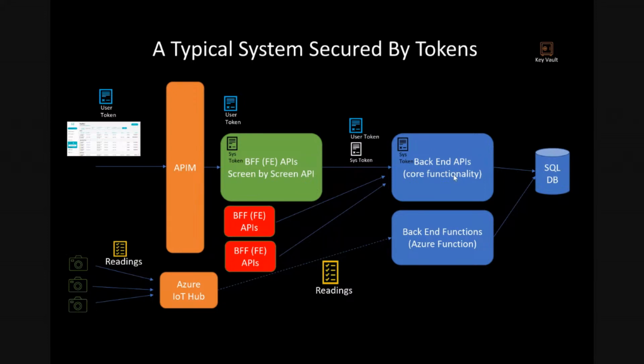The piece on top of that then is the user token. Can the person sitting in the browser have access to what they need to have access to? Or can they do the management operation that they need to do? So, it's a slightly different way from what you may be used to, but it's certainly food for thought and something to think about.